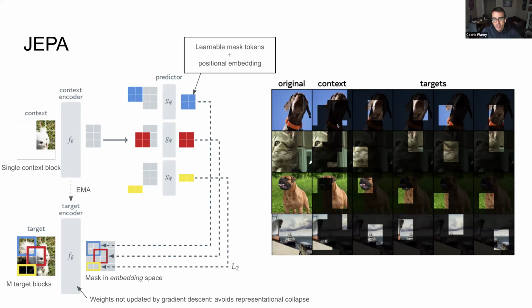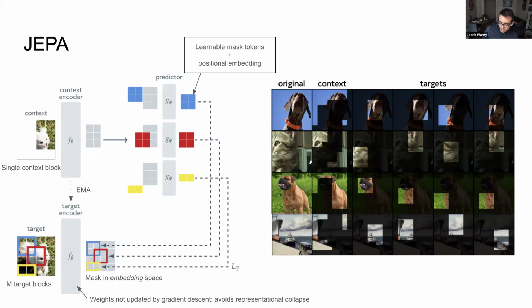In this case, it was this, like this, and then you pick your target blocks kind of randomly, and then you ensure that there's no overlap between your context block and your target blocks. So you remove the overlapping parts from the context. And so now the task is from this context to predict those different non-overlapping parts of the image. That's basically the task.